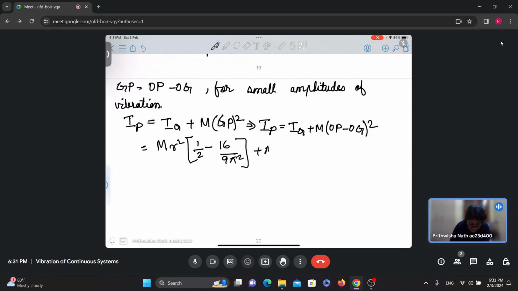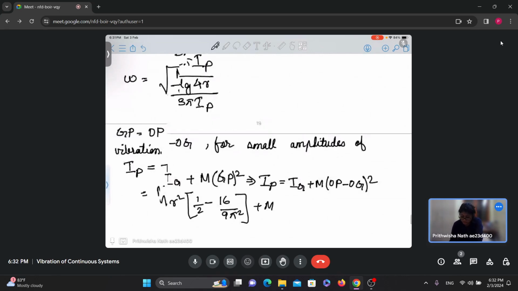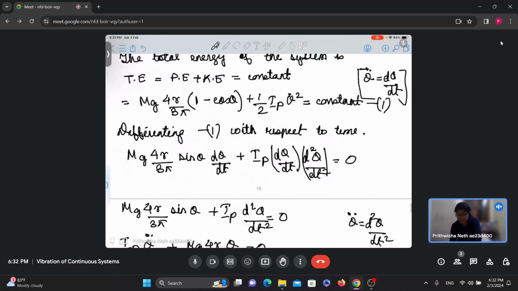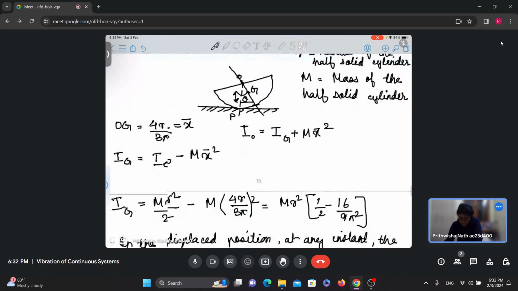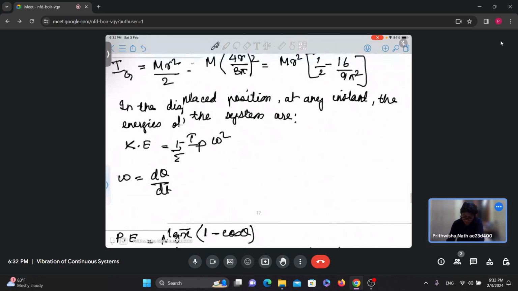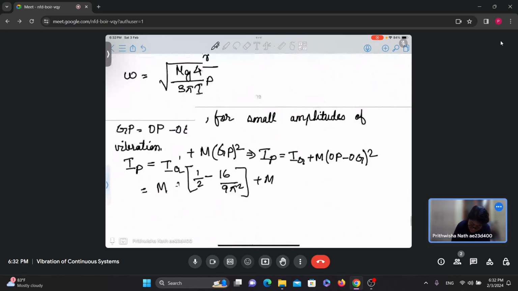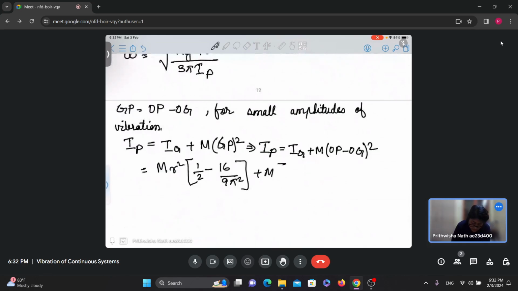Now in place of OP, OP is what? OP, as you can see, is simply the radius of the solid cylinder. So I write R in place of OP, and OG is 4R by 3 pi.